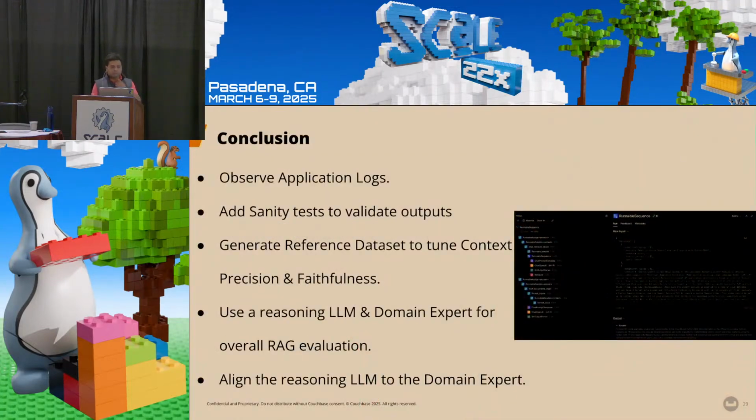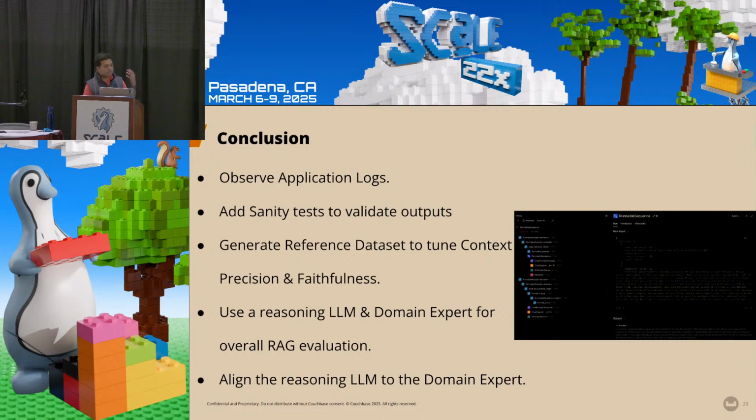To conclude, I would like to give some takeaways. If there's nothing else that you take away from this talk, I want you to focus on application logs. It's really important that you have some kind of application logging so that you know what kinds of things your users are trying to do with the system.